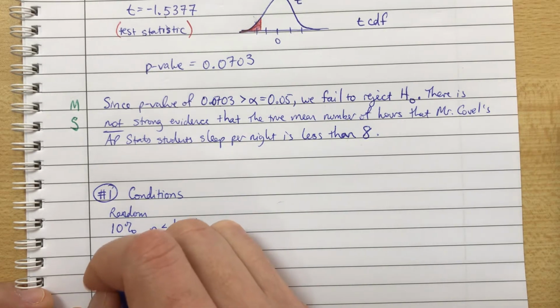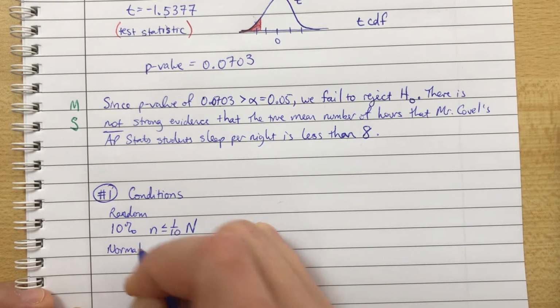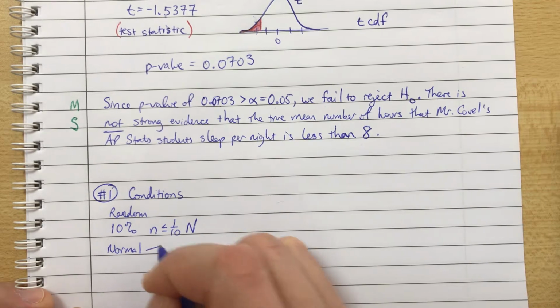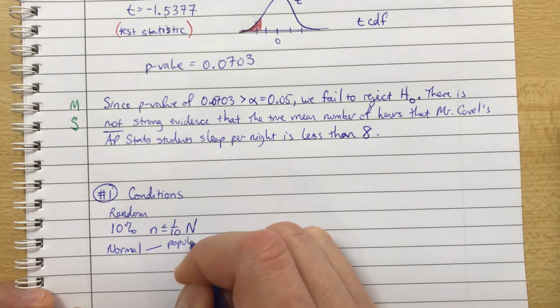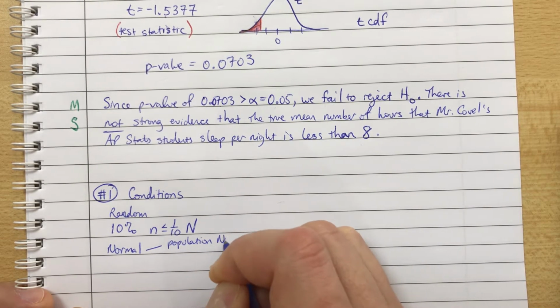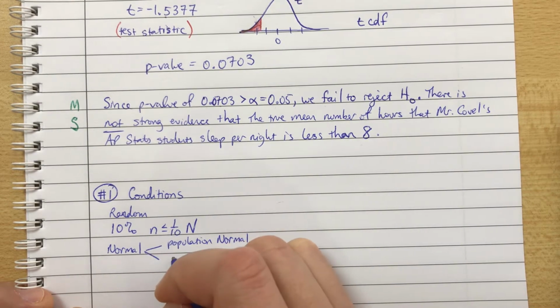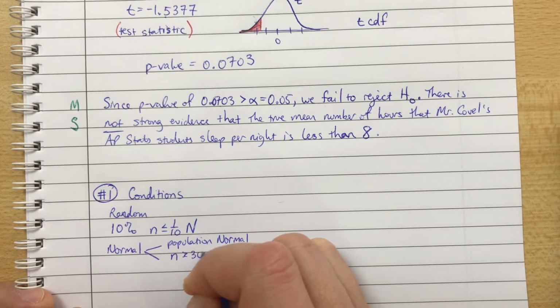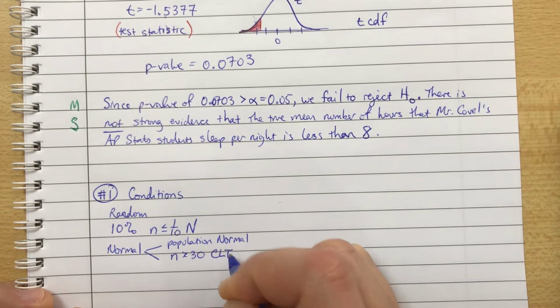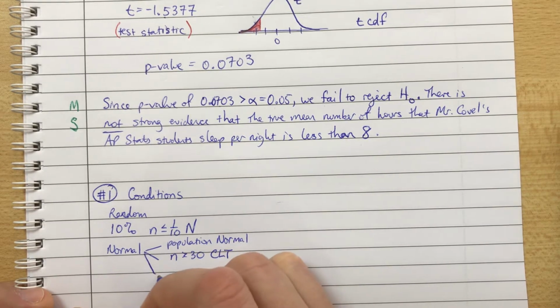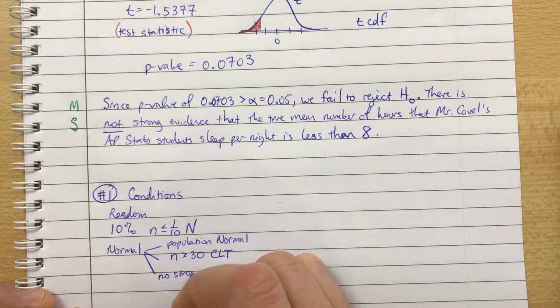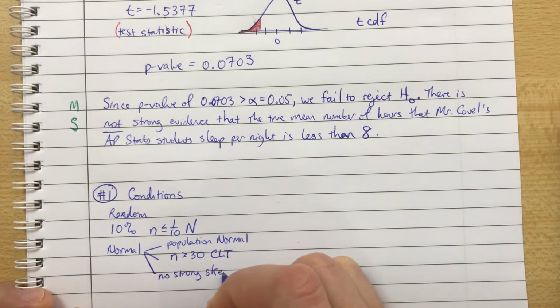And we need to have the normal condition, which if they tell us the true population is normal, then we can go ahead and use that. We can use the central limit theorem, n is greater than or equal to 30, or if we have no strong skew or outliers.